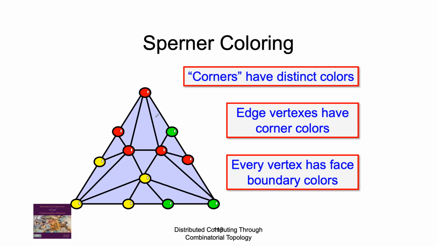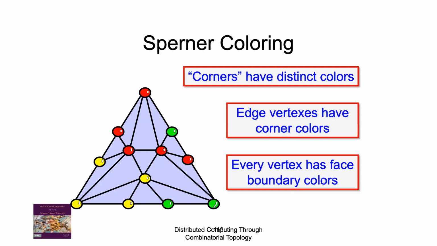So here we have a two-dimensional simplex, we have three colors, and there is necessarily at least one fully colored simplex. This is Sperner lemma, but in this particular case, I can show you that there is a simplex having all three colors. Yeah, this one. The interior simplex here has colors yellow, red, and green.